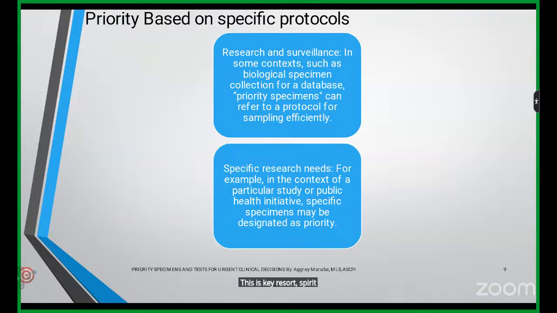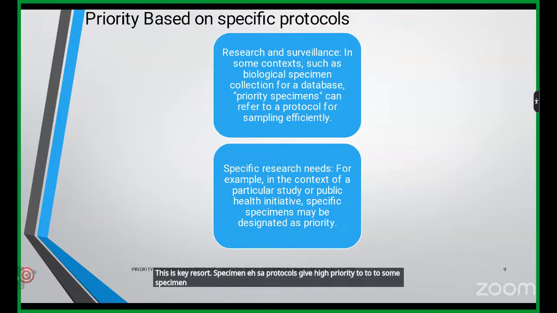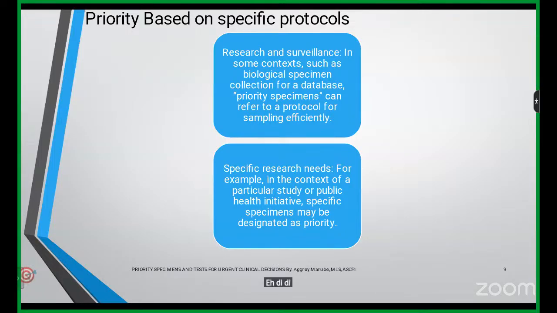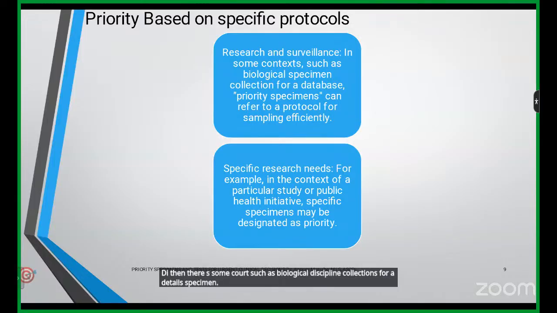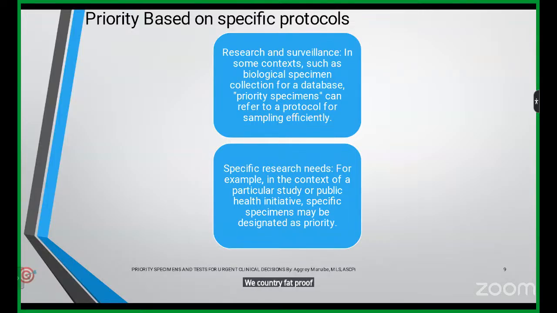Research specimens, some protocols give high priority to research specimens because of certain protocols that are involved. There are some contexts such as biological specimen collections for database priority specimens. And these ones we can refer to protocols, especially the ones that have been laid down in the research project.